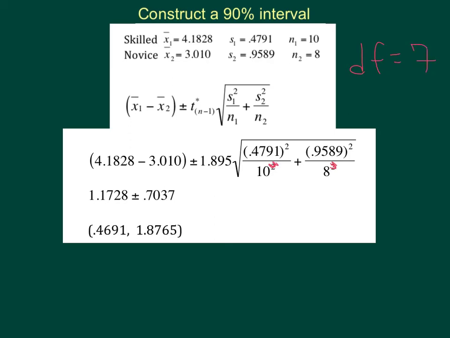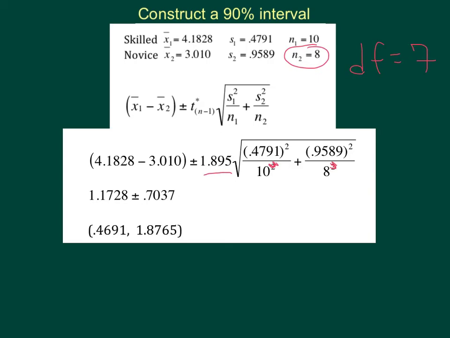The reason that we're choosing 7 is our smaller sample is size 8, and n minus 1 would be equal to 7. So as you follow the chart for 90% confidence up to the row that's associated with 7 degrees of freedom, you see a critical value of T of 1.895.